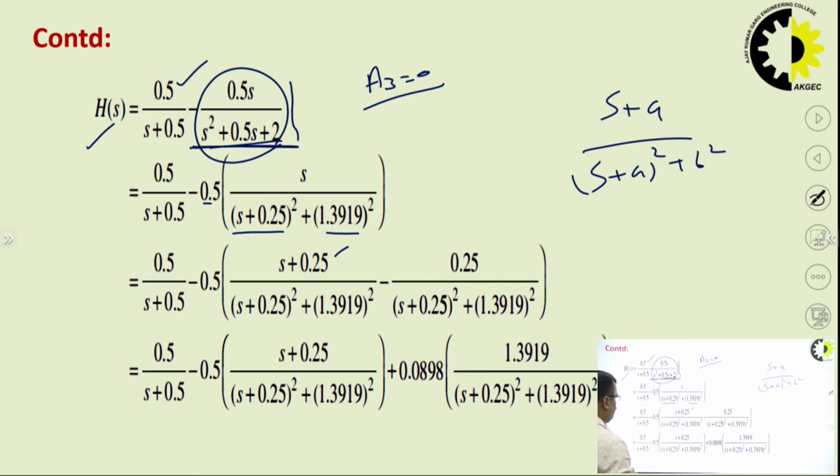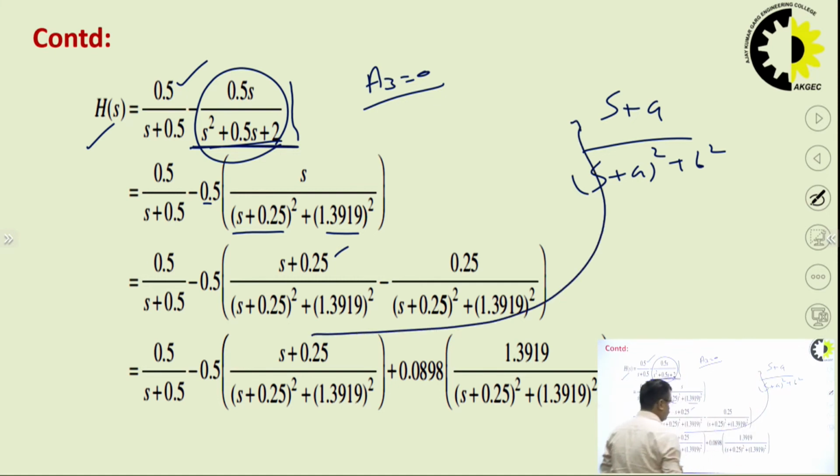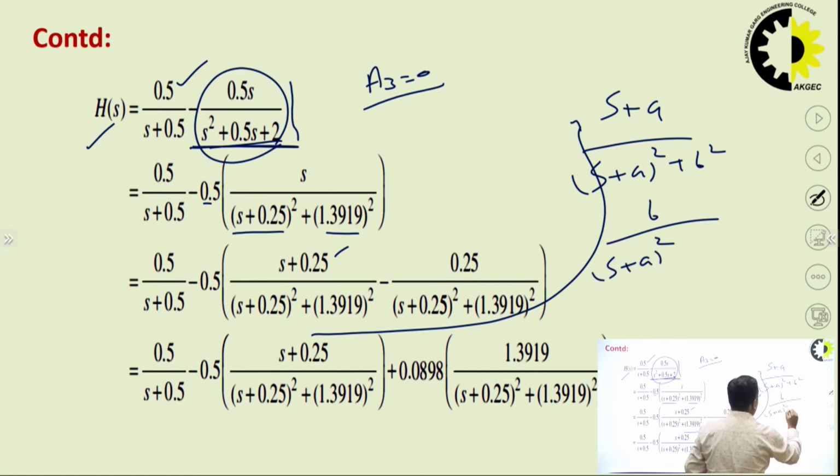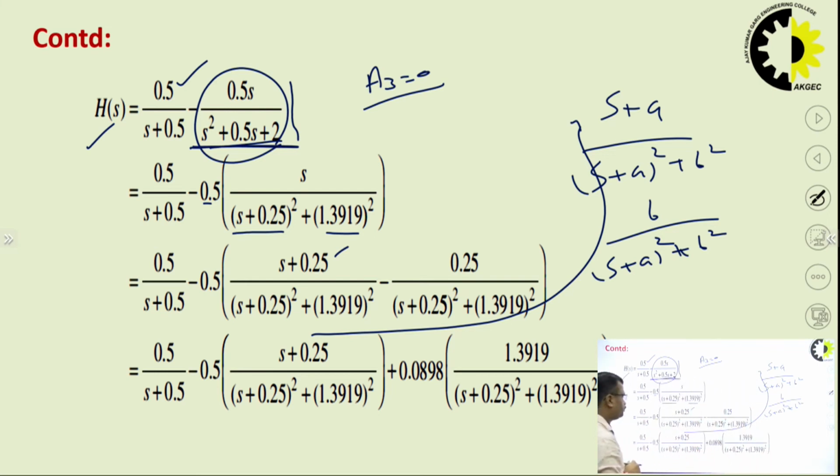Two terms will be there. Now this term, after solving this, because s is not there, it will be in terms of b upon ((s plus a) whole square plus b square). Okay, so it is like this.